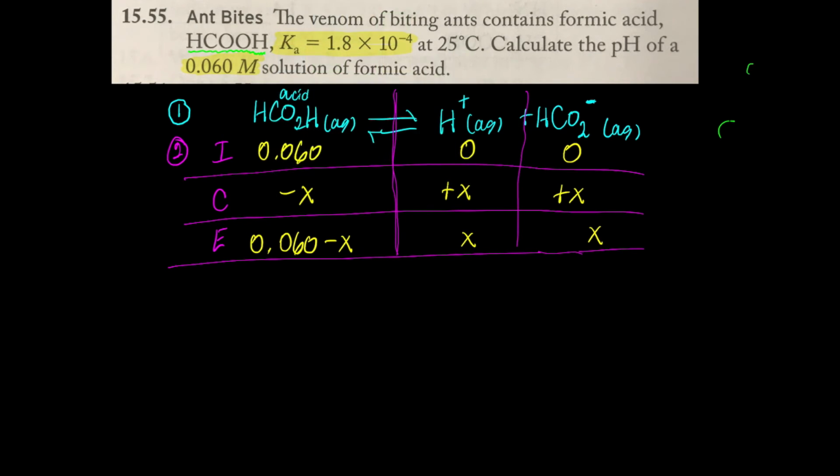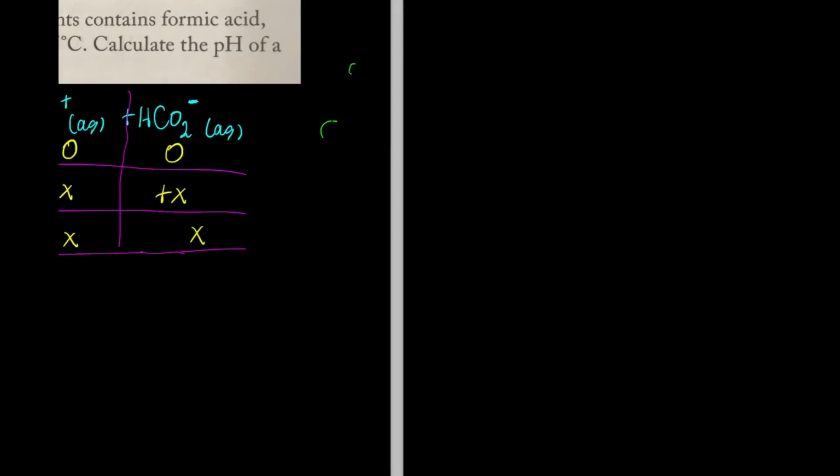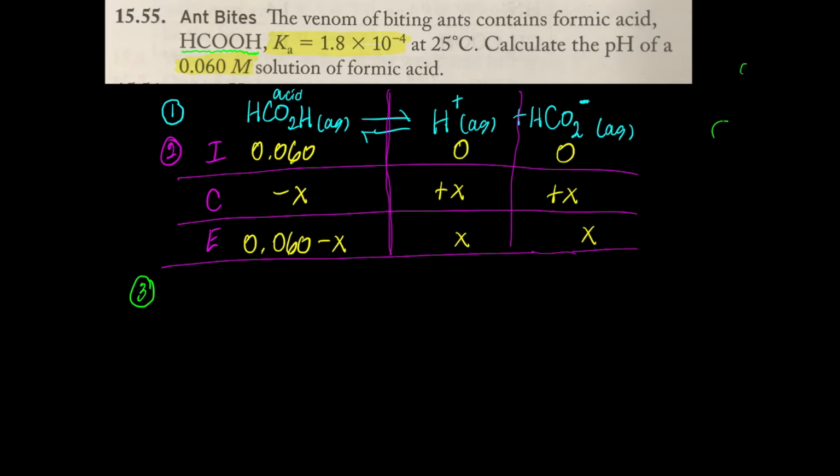So that's where we are for the ice table. That's step 2. It's very important to know what reaction you're talking about, what concentration you have, and fill in the info, okay? The third thing you want to do is write out an equilibrium expression. So Keq, or capital K, is called equilibrium, and this is a capital K, all right? It's always going to be products over reactants. Products are H plus and HCO2 minus.